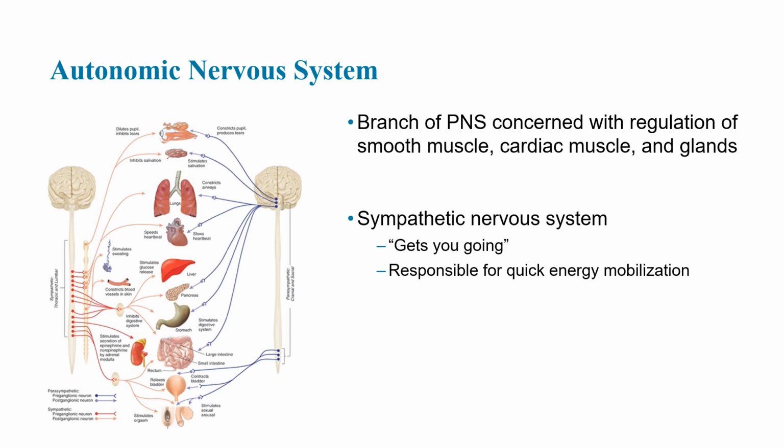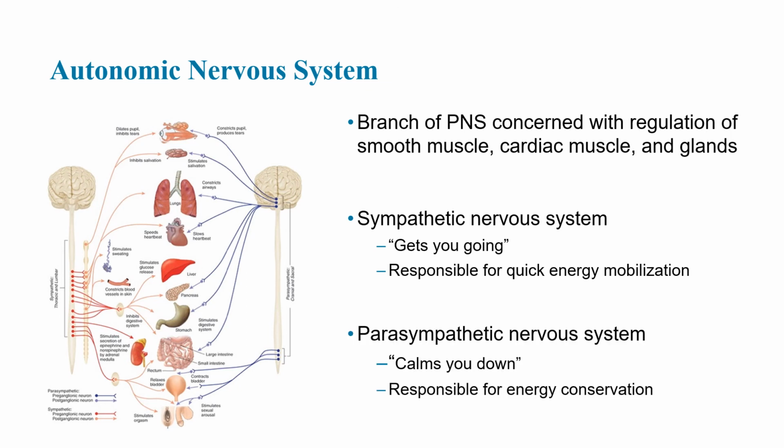It's what gets you going. It's responsible for quick energy mobilization. It's what some refer to as what gets you ready for fight, flight, or freeze. So it is the activity part, the energizing part of the autonomic nervous system.